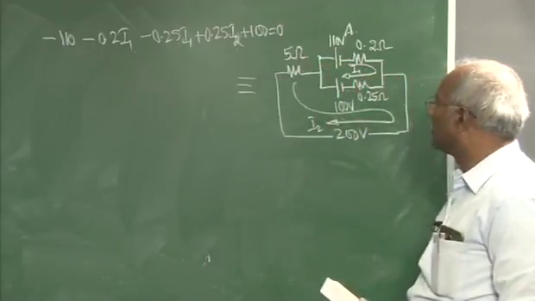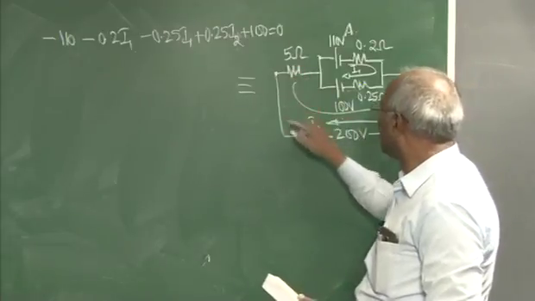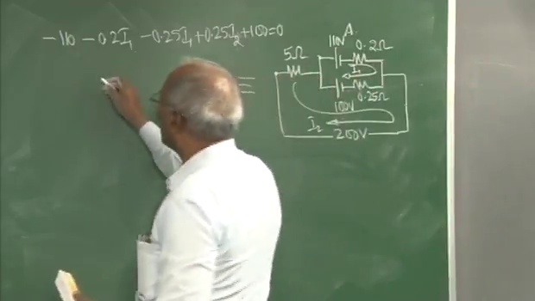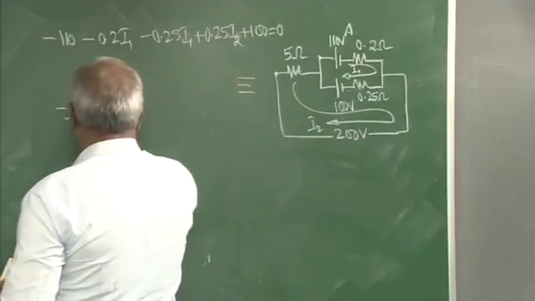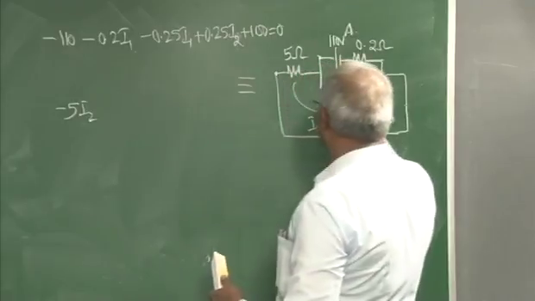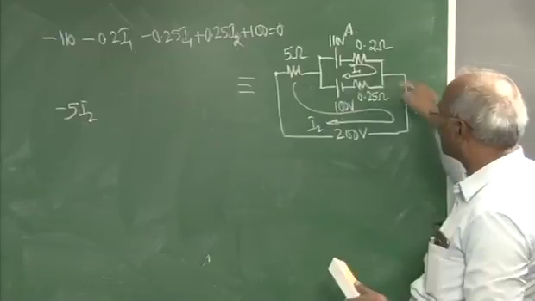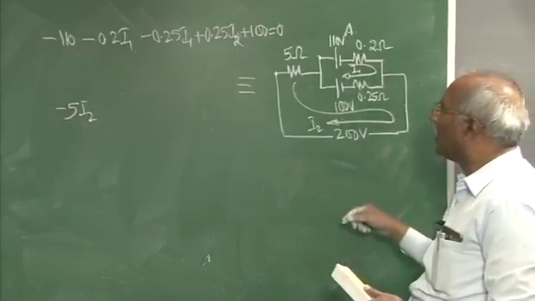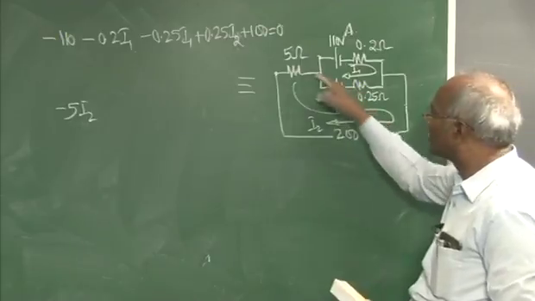And the other equation is this for this one. If I start from this point, this can be simplified also. This will be minus 5 I2. As I go this way, I can go this way also, or I can go this way also. Both of them are permitted. However, when I show I2 in this direction, I have to follow this loop only.